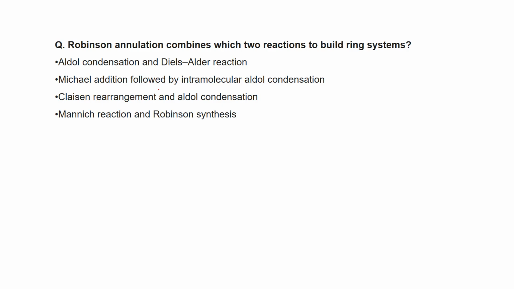Which combination leads to the Robinson annulation? The correct option is Michael followed by aldol condensation. About this reaction we will talk about.